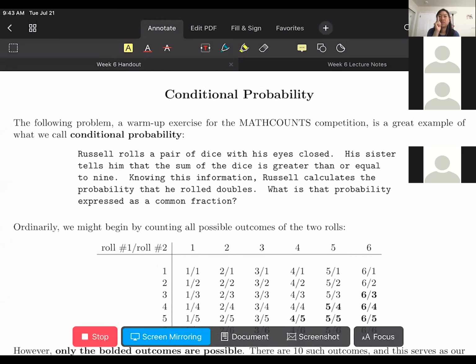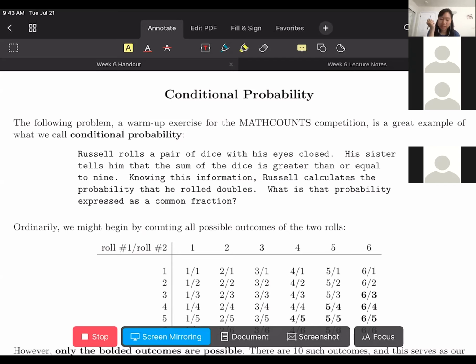This one says, Russell rolls a pair of dice with his eyes closed. His sister tells him that the sum of the dice is greater than or equal to 9. Knowing this information, Russell calculates the probability that he rolls doubles. And what is that probability? If I had a different problem, that's just Russell rolls a pair of dice, what's the probability that he rolls doubles?